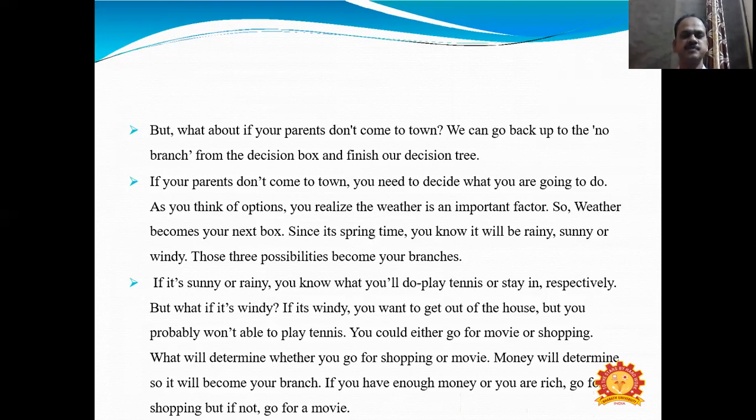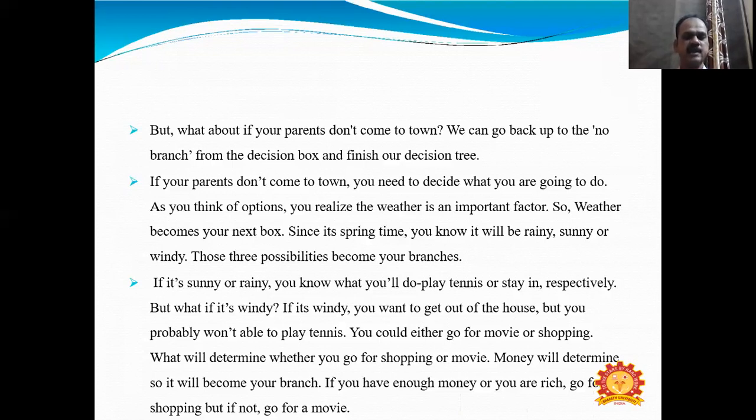As you think of options, you realize that weather is an important factor. So weather becomes your next box. Since it's springtime, you know it will be rainy, sunny or windy. Those three possibilities become your branches.